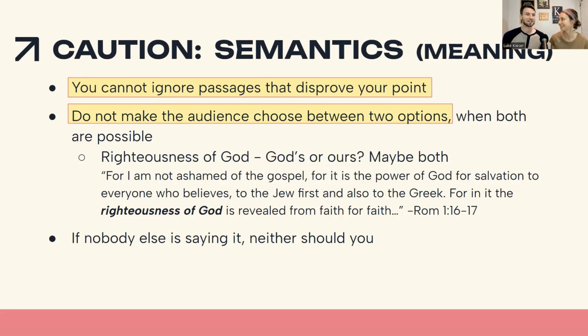This is a very, very sticky question, but some people have argued maybe it is both. Like if I say, man, I'm just experiencing the goodness of God, is it my goodness or is it God's? Well, I'm experiencing it, so it's mine, but it's from God ultimately, right?